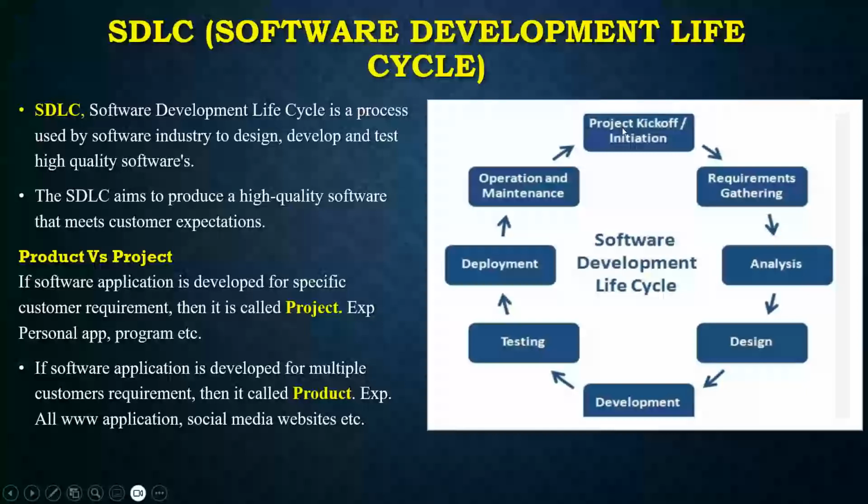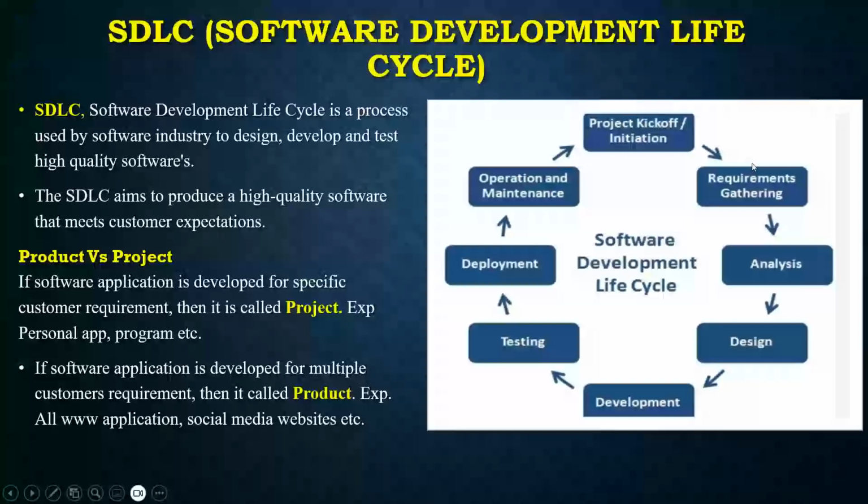They will conduct different team meetings, and you will be part of those meetings. The very first phase of the software development lifecycle is to get the requirements and analyze them.